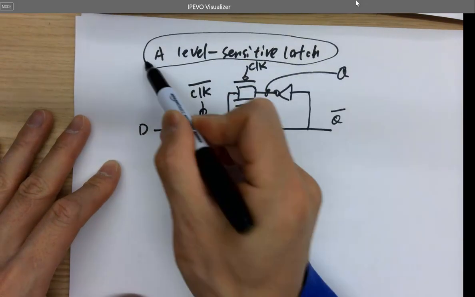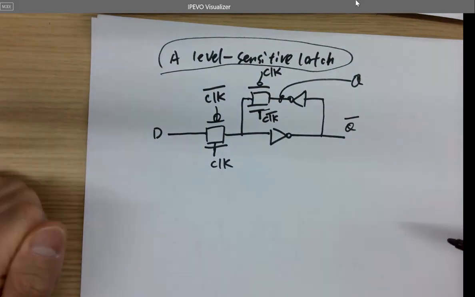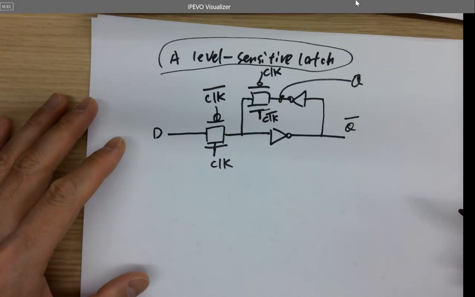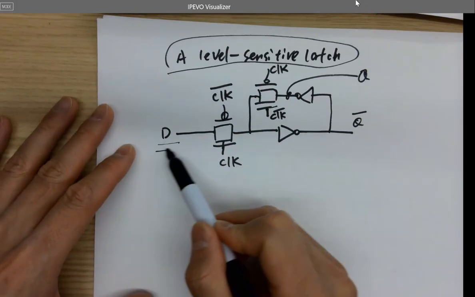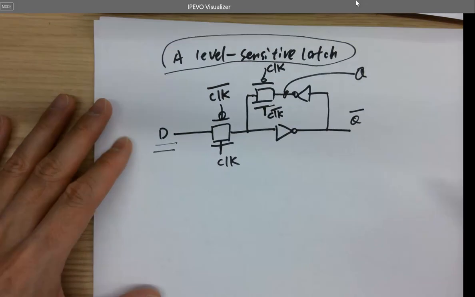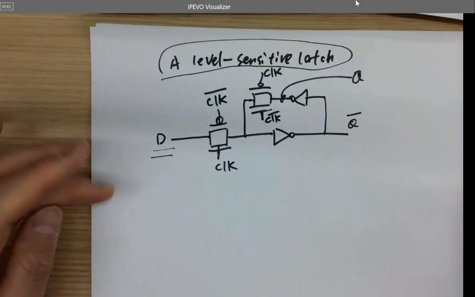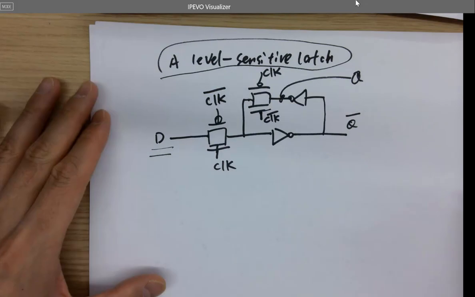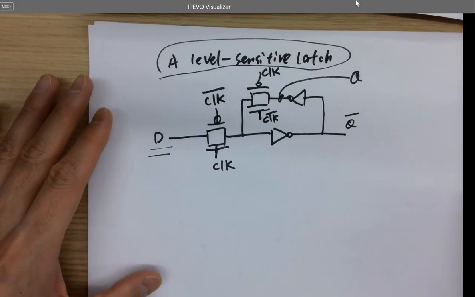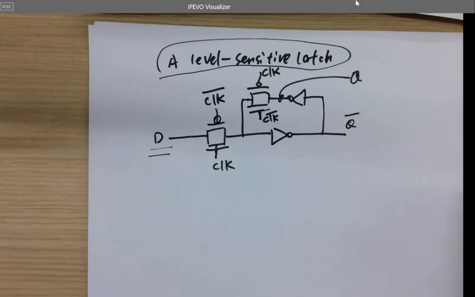The latch is going to store the voltage there permanently, as long as you keep it powered up and grounded. So why is it a level sensitive latch? Remember we learned that, I think that's a NAND gate version of the SR latch, or the level triggered SR flip-flop, remember? So it's performing in a very similar way.